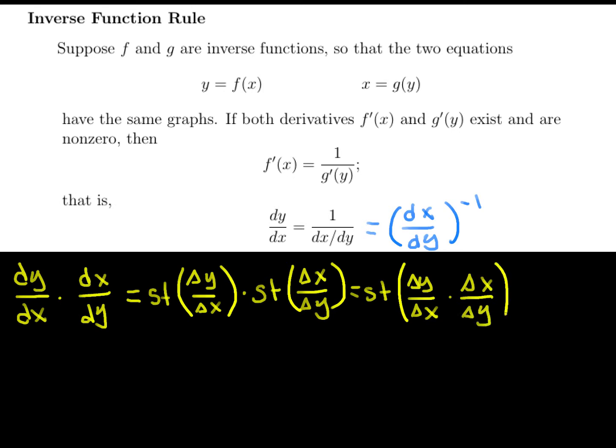And these are all infinitesimals, or at least hyperreal numbers, and so we can cancel because they're real numbers. And this product is 1, so the standard part of 1 is 1. So now dividing through by dx/dy, I get the result that dy/dx is equal to 1 over dx/dy.